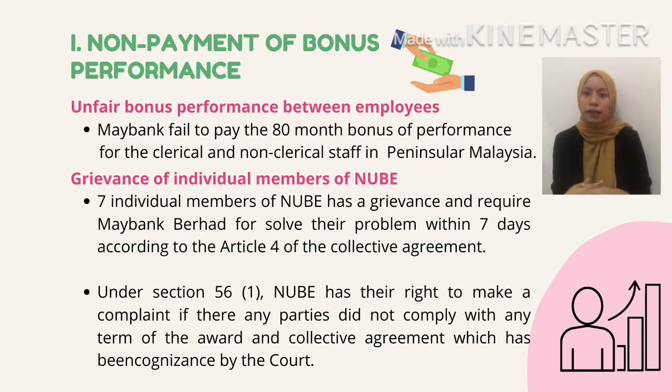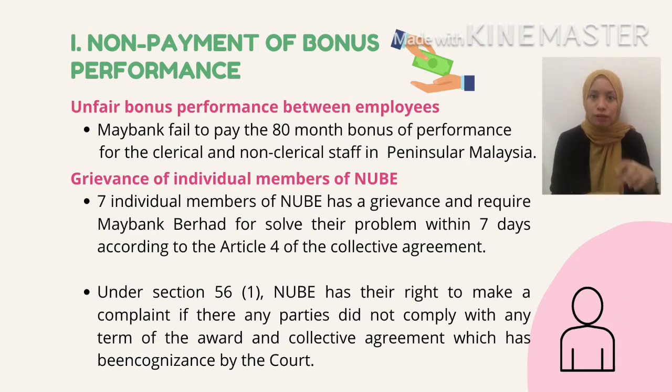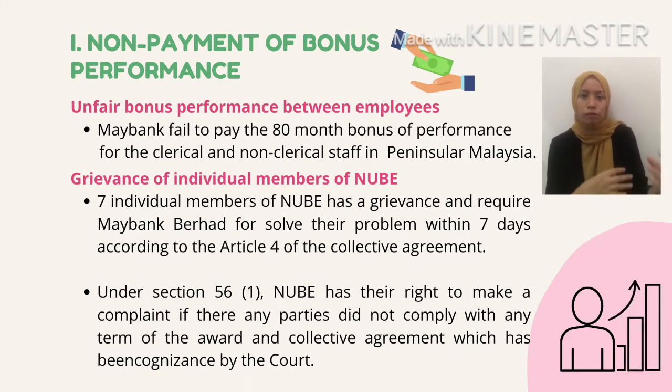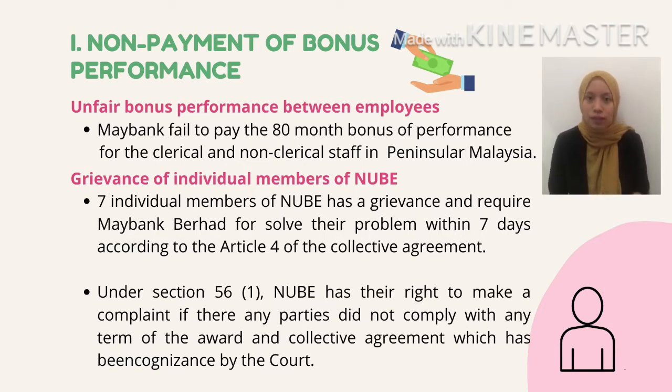Okay, so regarding this case, 7 individual members of NUBE have a grievance and require Berhad to solve their problem within 7 days according to Article 4 of the collective agreement. This is because, based on Article 4 of the collective agreement, Berhad needs to settle the grievance of employees within 7 days.